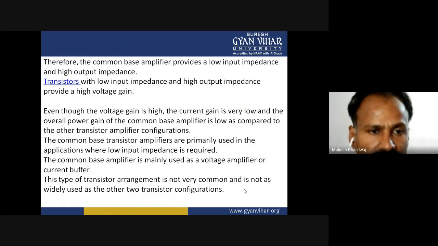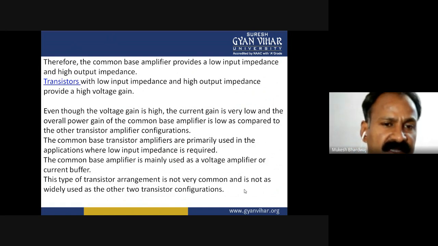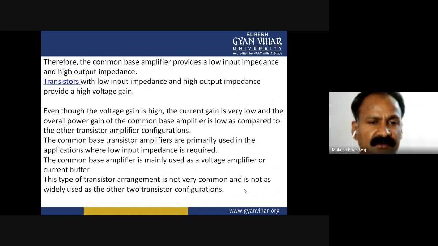Gain is just, we can say, the efficiency of output upon input. So, high output impedance relative to the low input impedance will result in high voltage gain. So, the common base configuration results in high voltage gain.